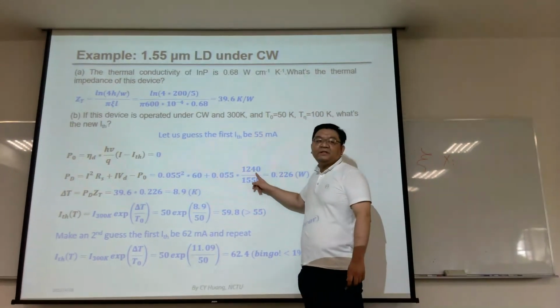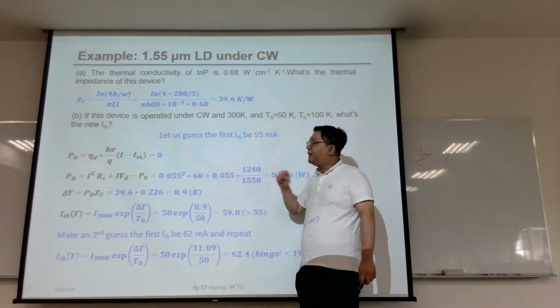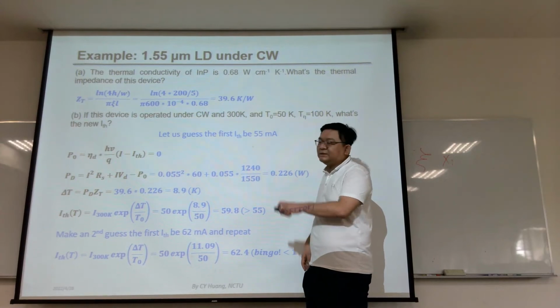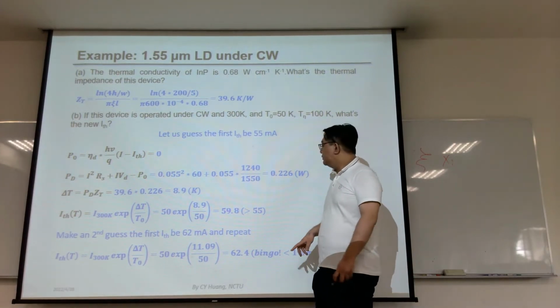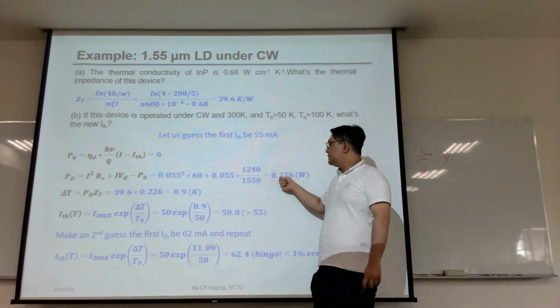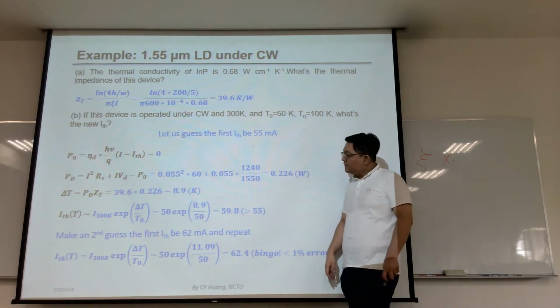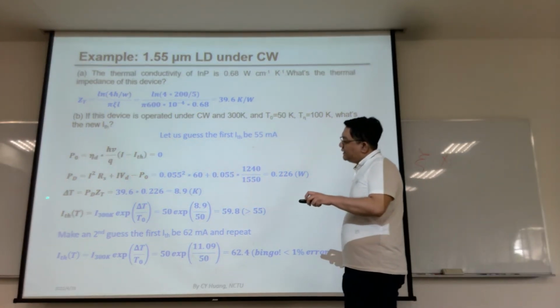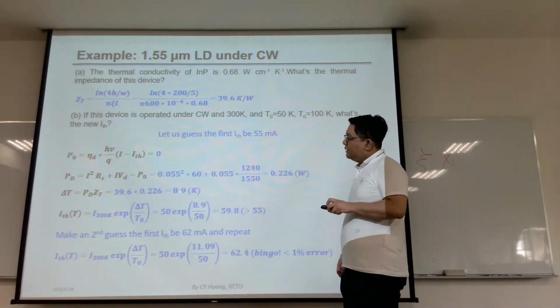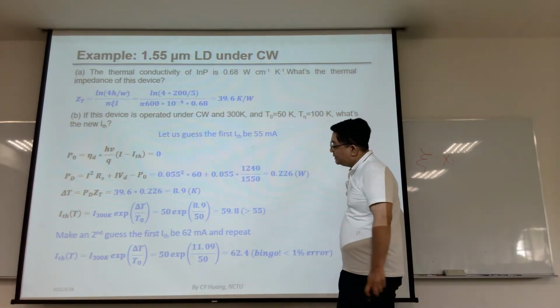So this is VD plus 0.05, and the output power is 0, so minus 0. Okay, so the power of dissipation is 0.23 watt. Then we have the delta T of 8.9 Kelvin, since we tie two numbers together.